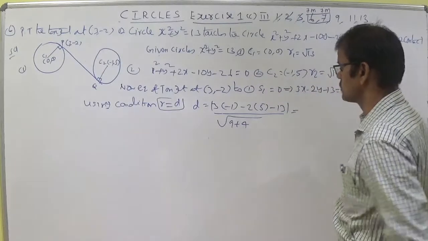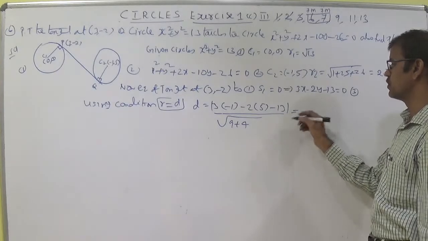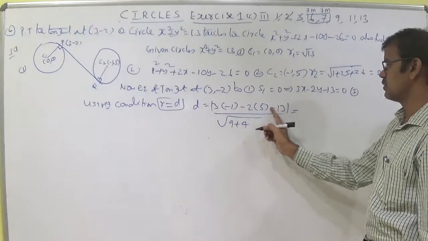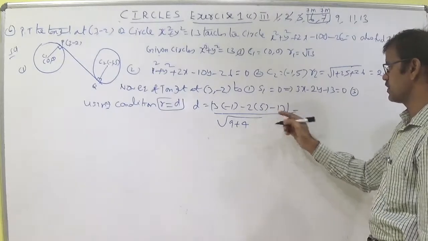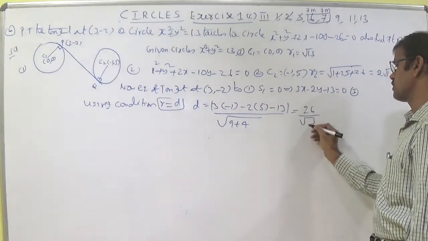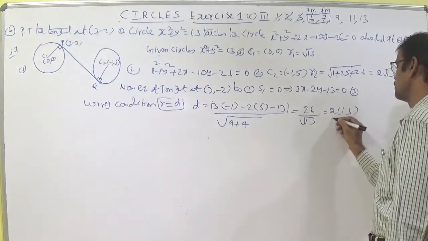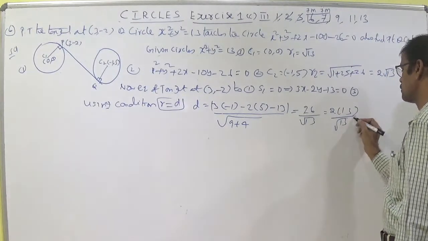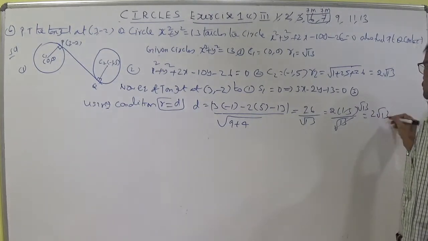There will be no minus because it is modulus. So 26 by root 13. This can be written as 2 into 13 by root 13. You can write this as 2 root 13. That's all, 2 root 13.